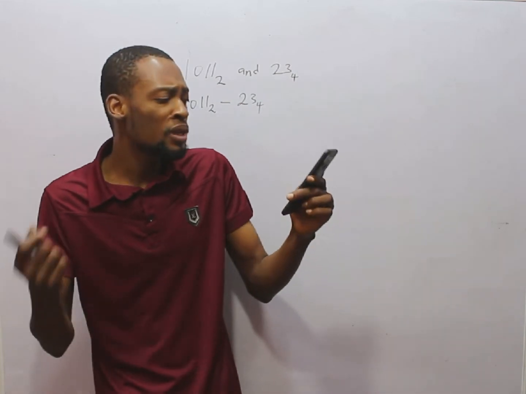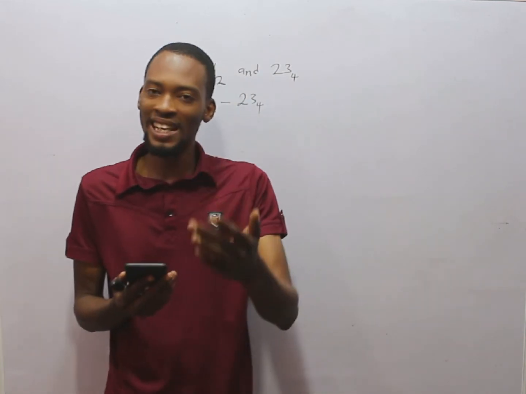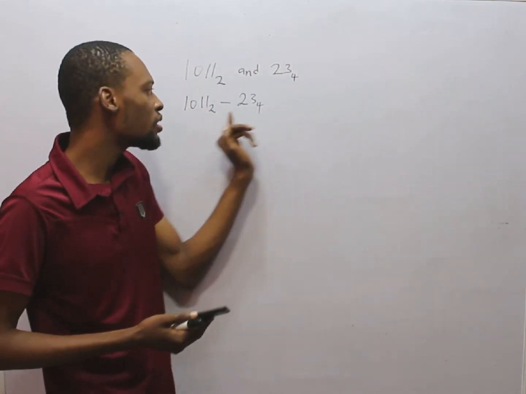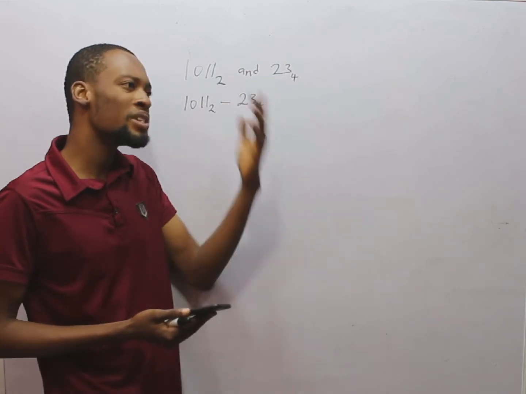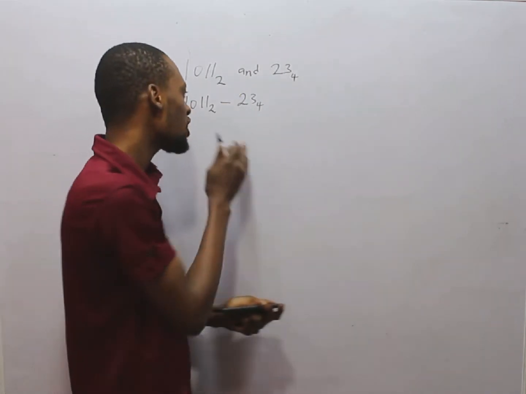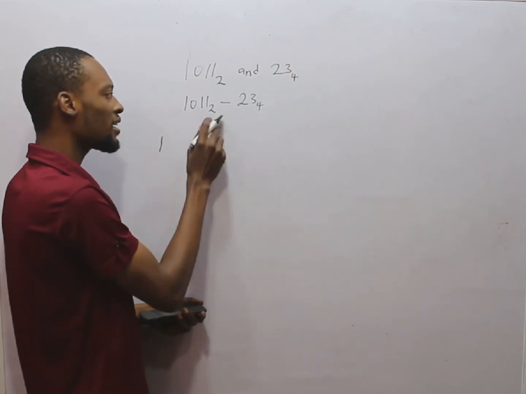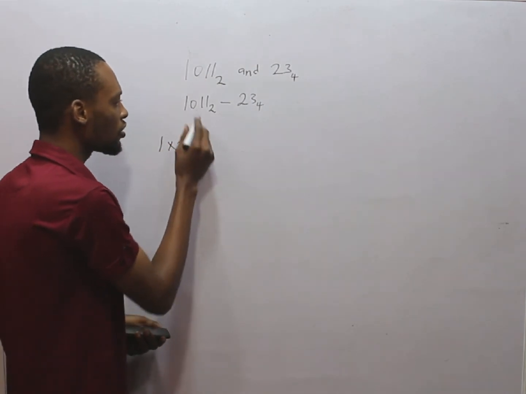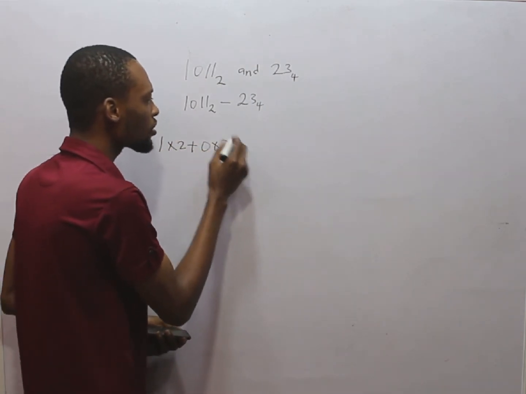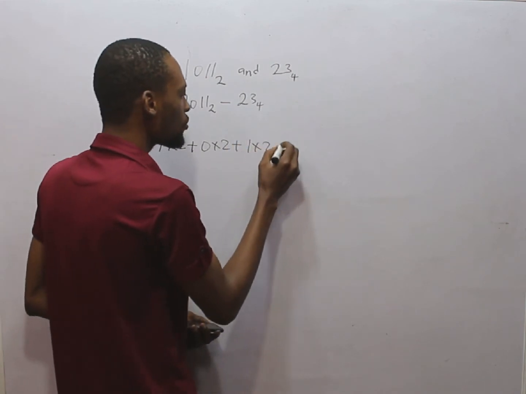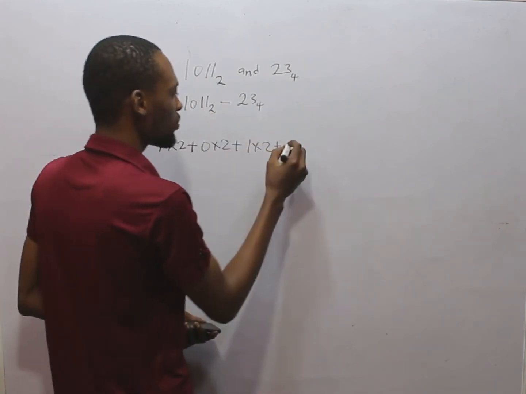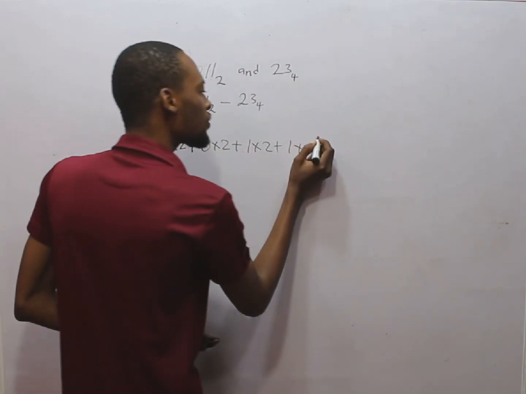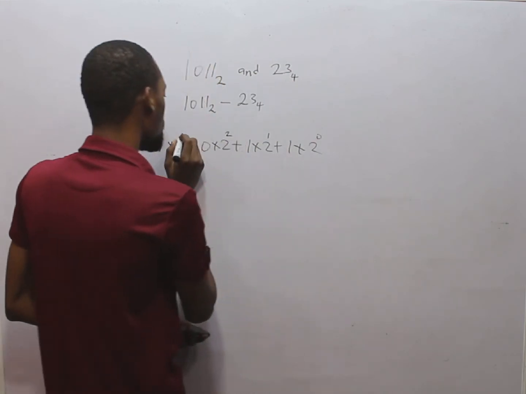How do you solve this type of problem? Remember, in one of the earlier episodes, I taught you how to convert to base 10. Since this is in base 2 and this is in base 4, convert both of them to base 10 and subtract. Converting to base 10 is simply multiplying each of the digits by the base raised to a power. So 1 times 2, plus 0 times 2, plus 1 times 2, plus 1 times 2, with powers on top of the bases starting from 0, 1, 2, and 3.